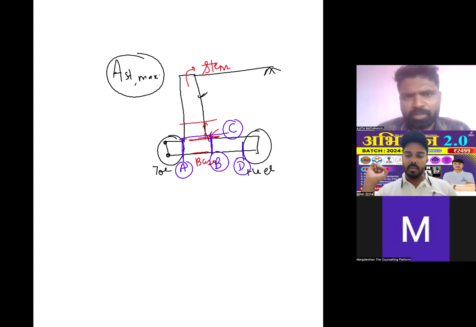How will you design this beam? The entire length of the beam is laterally supported. Sir, laterally supported throughout means its effective length is 0.